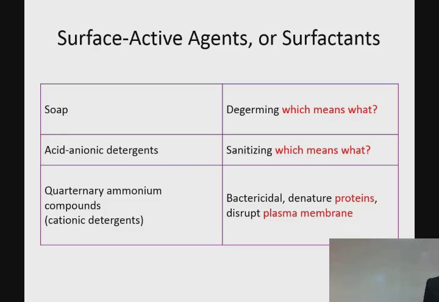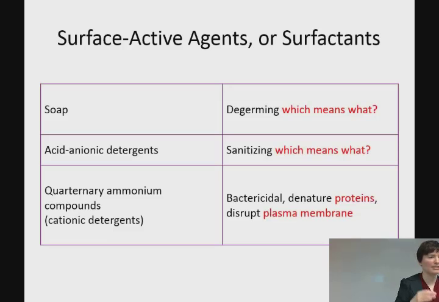So it's a great method for just cleaning your surfaces, cleaning your hands if you're not in a situation where the people around you or you yourself are at high risk of developing infection from some otherwise relatively minor thing. Acid and ionic detergents, those negatively charged, slightly acid detergents, are very commonly used in food service for sanitization. And what does sanitization mean?